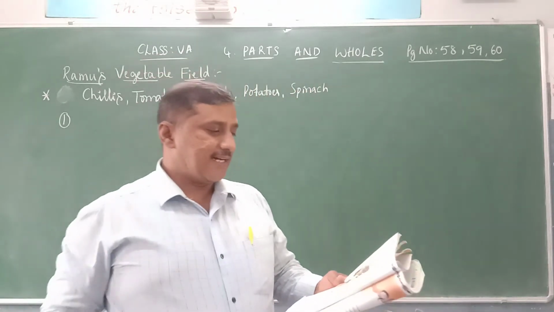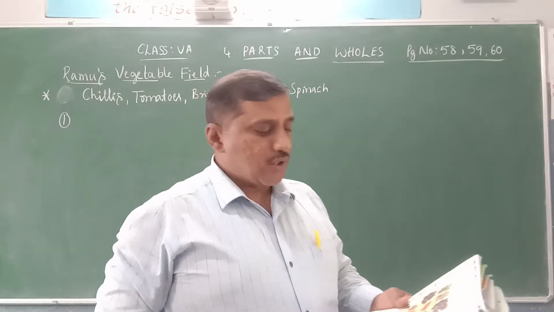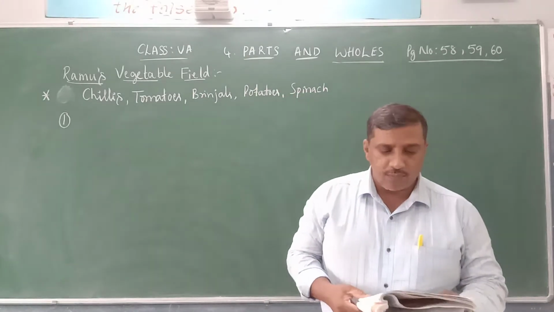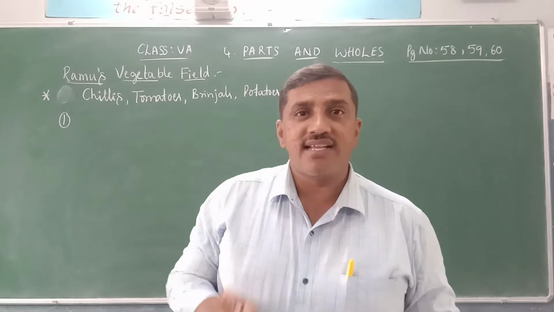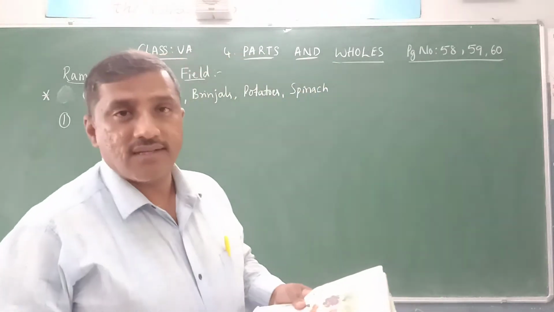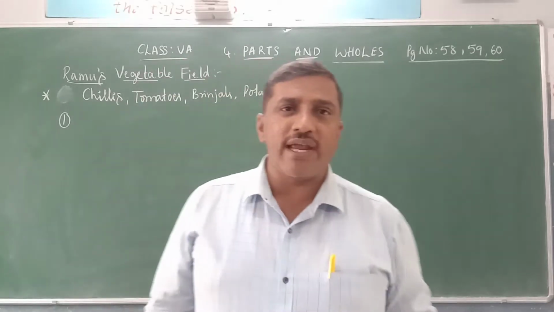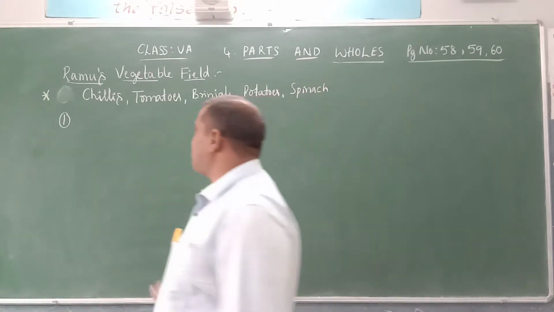See, if you look here, he is producing tomatoes in 3 parts, brinjal in 2 parts, potatoes 2 parts, chilies 1 part, and spinach 1 part. So which vegetable is growing in the biggest part? Yes, it is tomatoes.